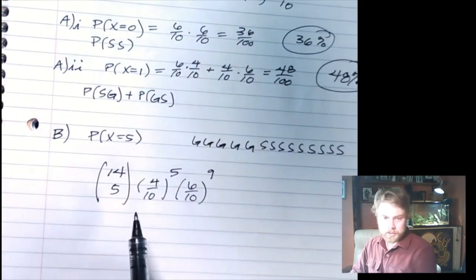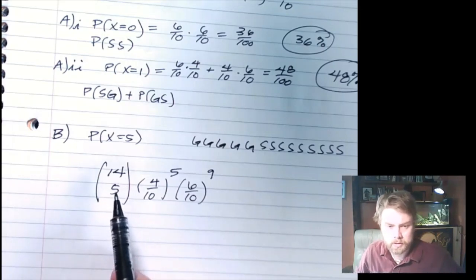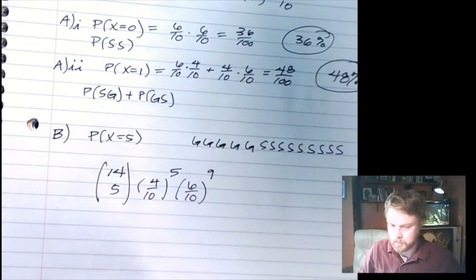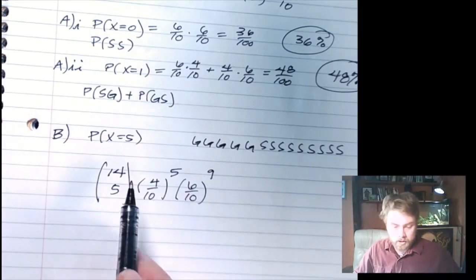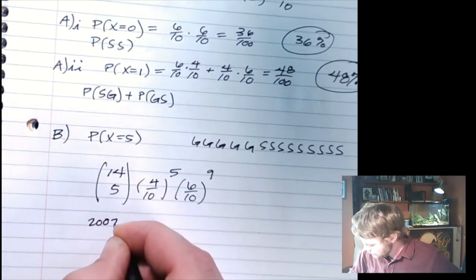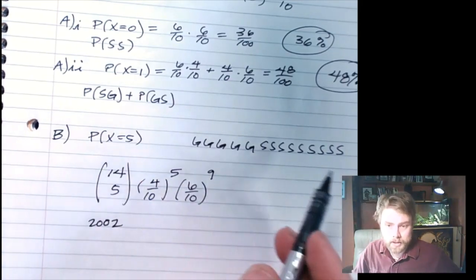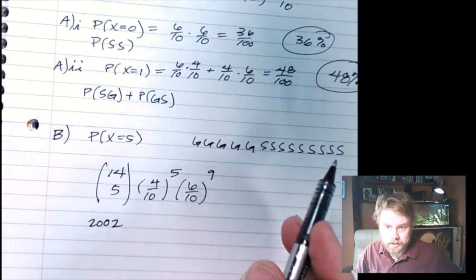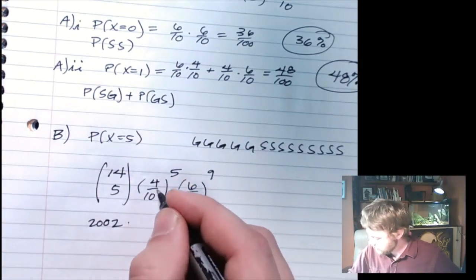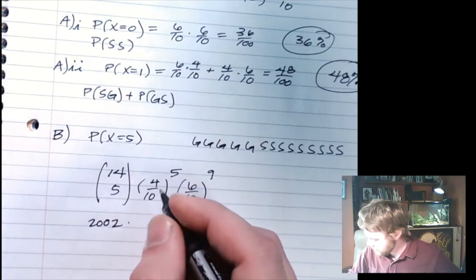And so this is a calculator question, because doing 14 factorial is too challenging without a calculator, too time consuming. Okay, so if we punch this in, it is 2002 combinations of 5 and 9 times 4/10 to the 5th.